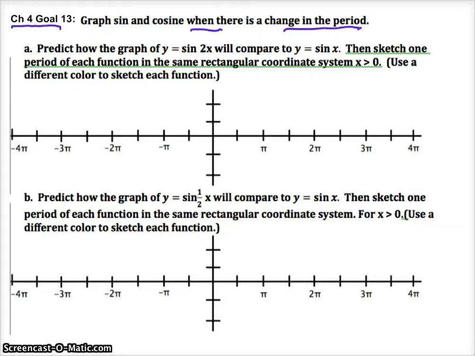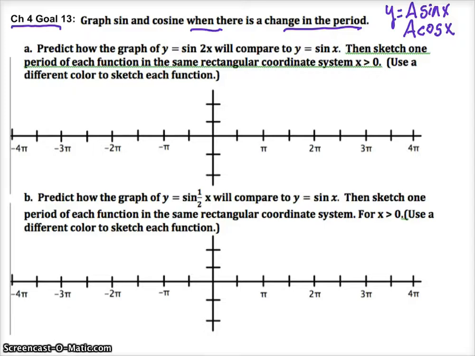In Goal 12, you learned how to graph the parent functions for sine and cosine, and how to graph them when there was a change in the coefficient of sine and cosine, or a change in A. You learned that the absolute value of A represents the amplitude, which gives you the maximum and minimum of the function, or the distance above and below the x-axis.